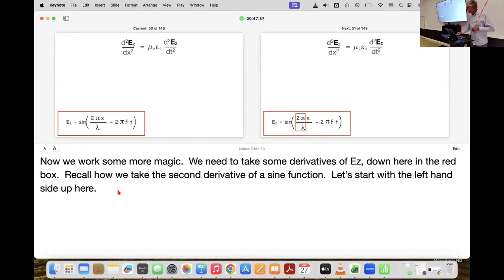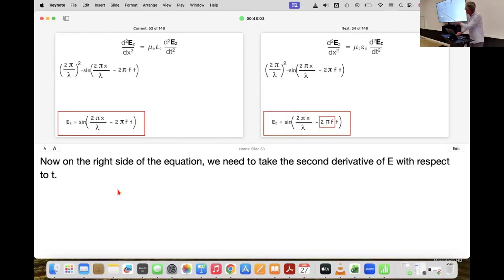Okay, so we've got this equation. Let's go ahead and take the derivative with respect to x of Ez. Here's the rule. When you take a second derivative with respect to x, you take this coefficient of x here, 2 pi over lambda, and you square it. Just a rule. We don't need to question why that rule works, but you square it. And then you make that the coefficient of this sine function, except you make the sine function negative.